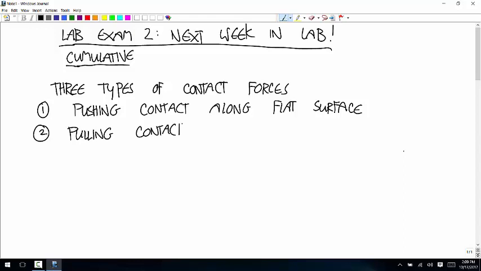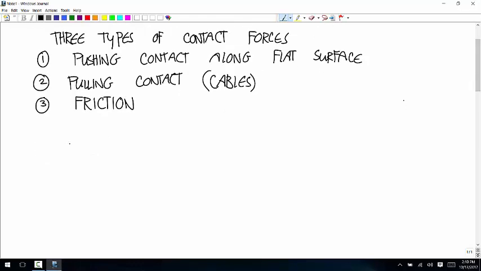And we're always going to think of pulling contacts as involving cables. So anytime you pull on something, you could imagine that you're pulling on a little piece of cable that's pulling on the thing, and that's sort of how we're going to think about it. So cables. And then the last one is friction. So the first type that we're going to deal with is pushing contact along a flat surface.